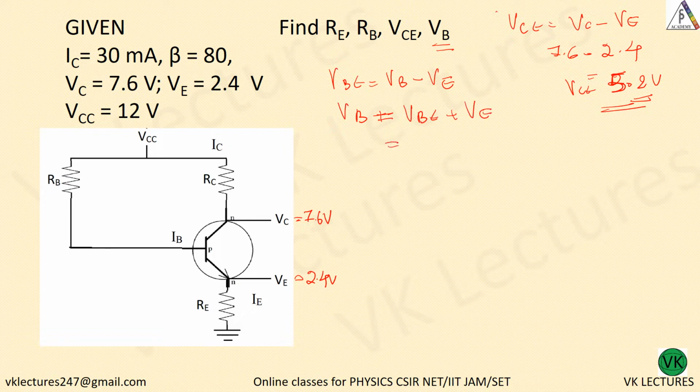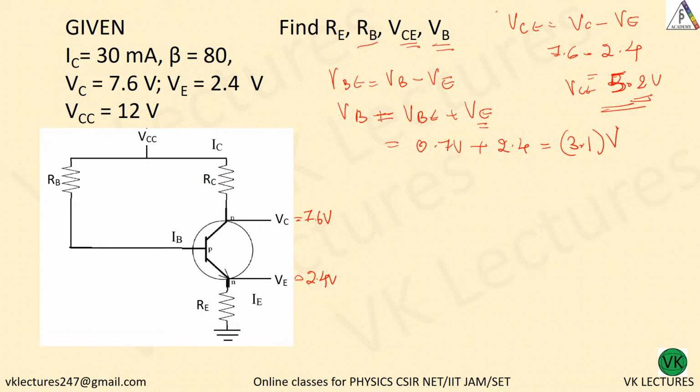Now what is VBE? 0.7 volt plus what is VE? VE is given to be 2.4 volt, so that's equal to 3.1 volt. That is VB. Okay, so VCE also we got.